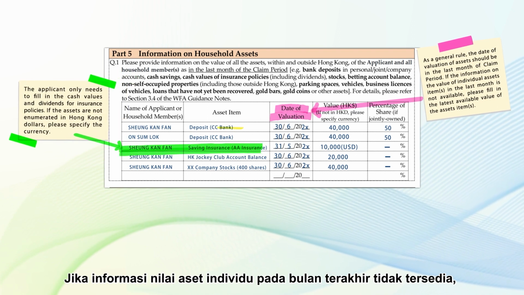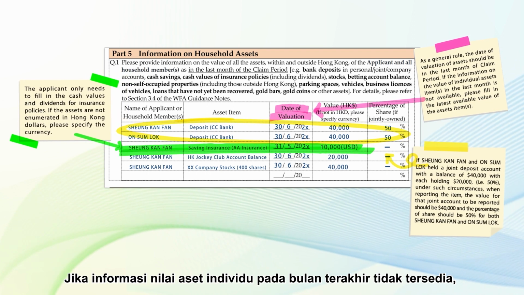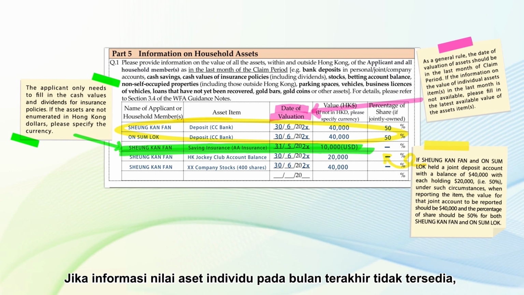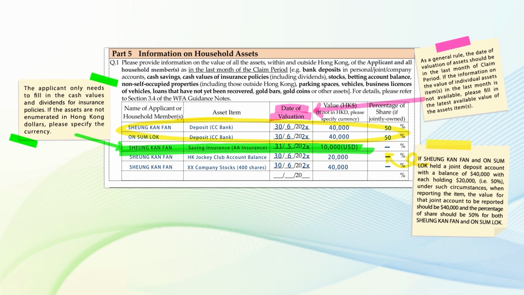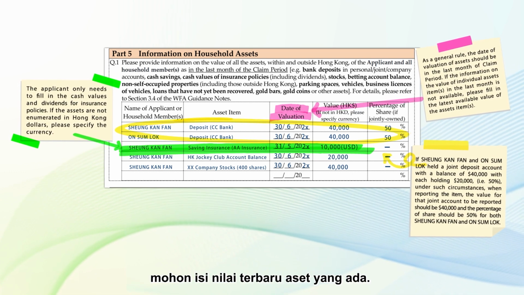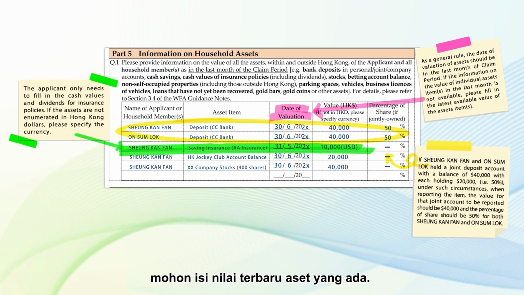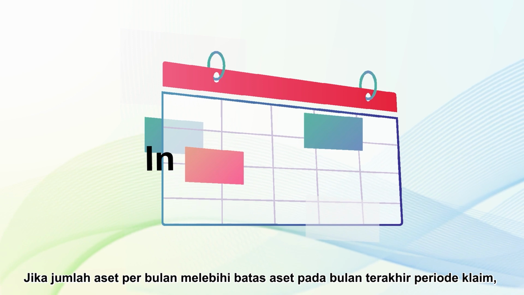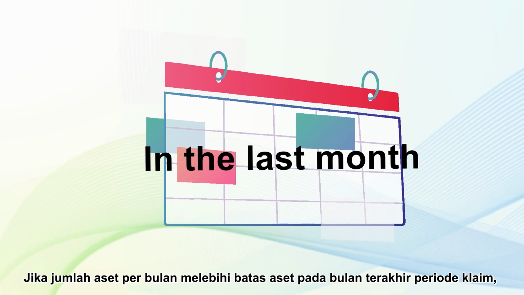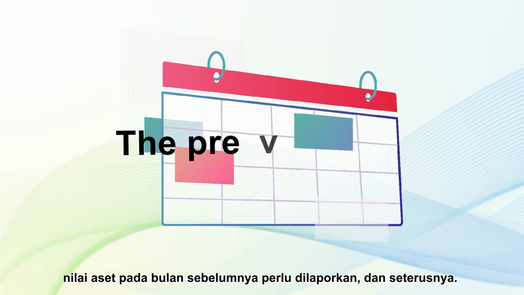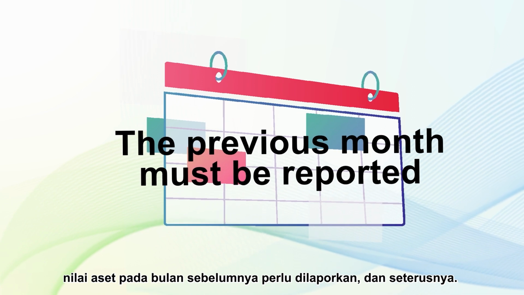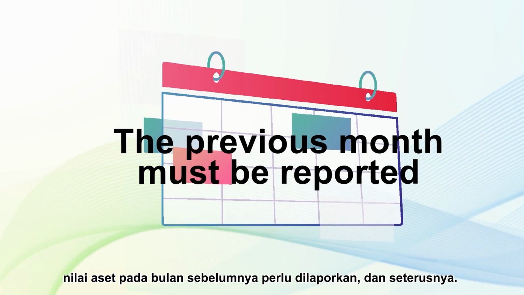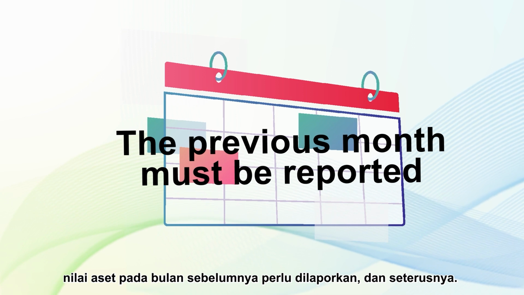If the information on the value of individual asset items in the last month is not available, please fill in the latest available value of the asset items. If the total monthly assets exceeded the asset limit in the last month of the claim period, the asset value of the previous month must be reported, so on and so forth.